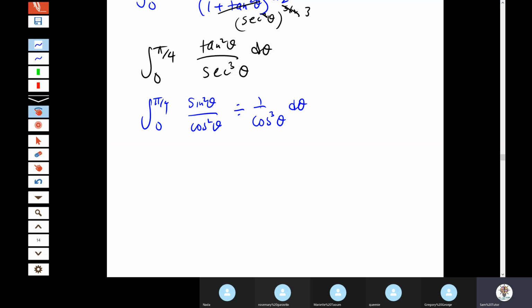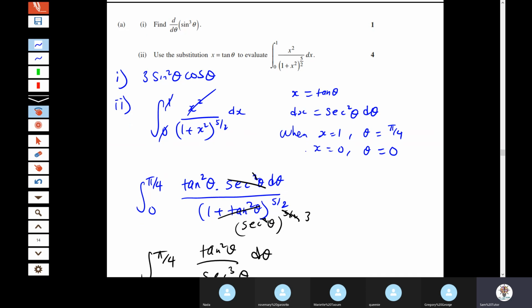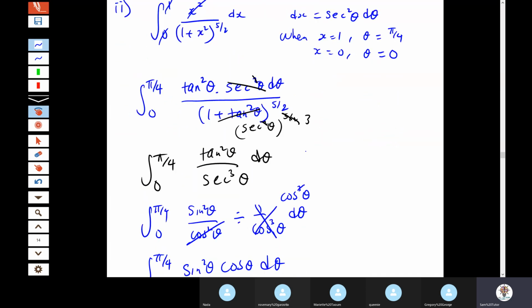So we can all agree that that's going to become cos cubed, and then that will cross out with that guy. And guess what we ended up with? Sine squared theta cos theta d theta. Nice. Is that what we had exactly? Very close. We had a 3. That's right. Easy to adjust.